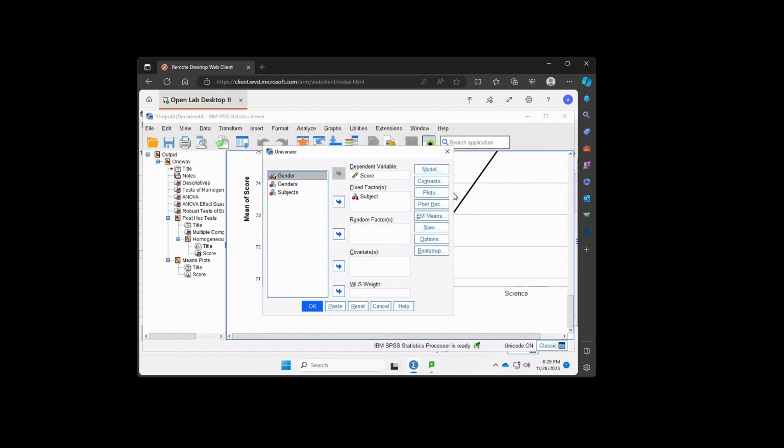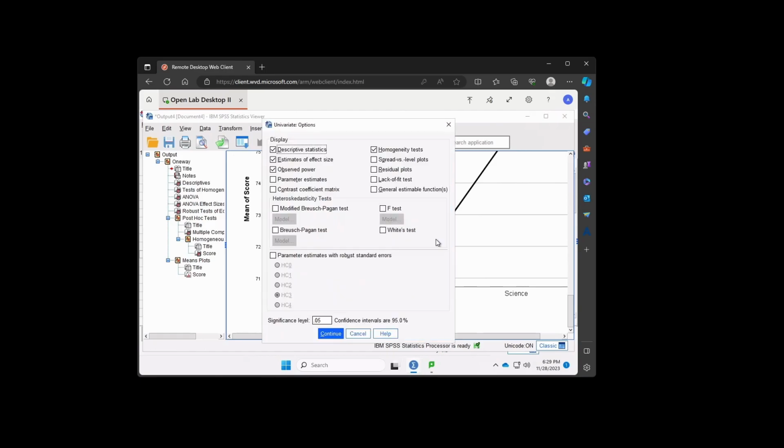Okay, and if we go to options, we want to put descriptive statistics, the estimate of effect size, and observed power, and homogeneity test. And we want our significance level to be 0.05.